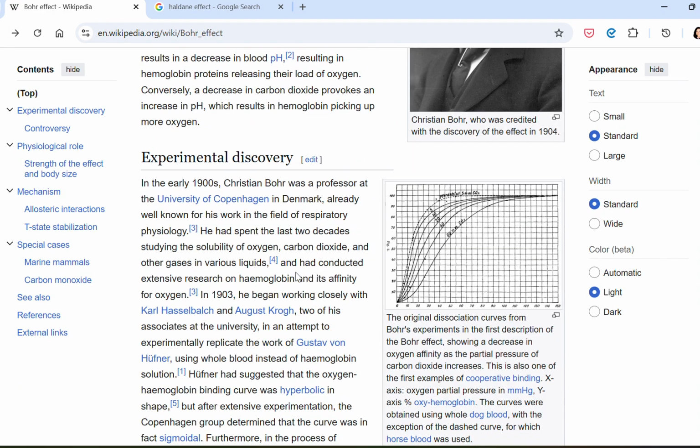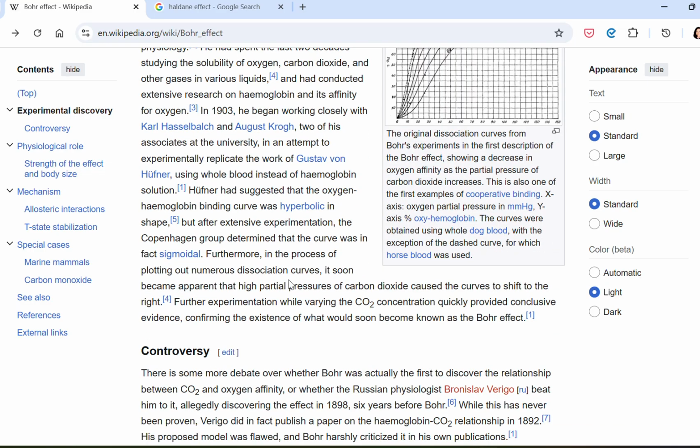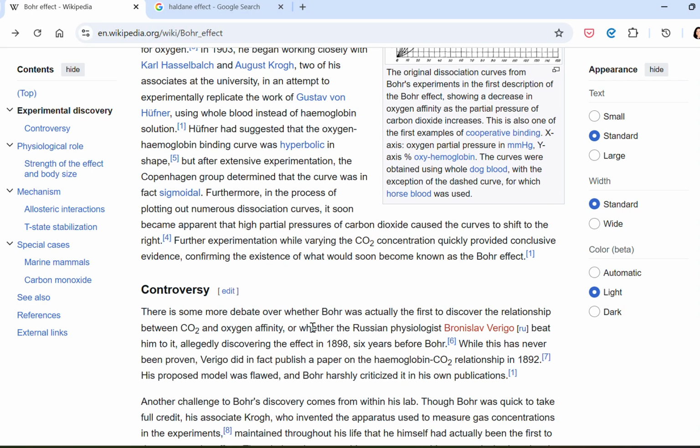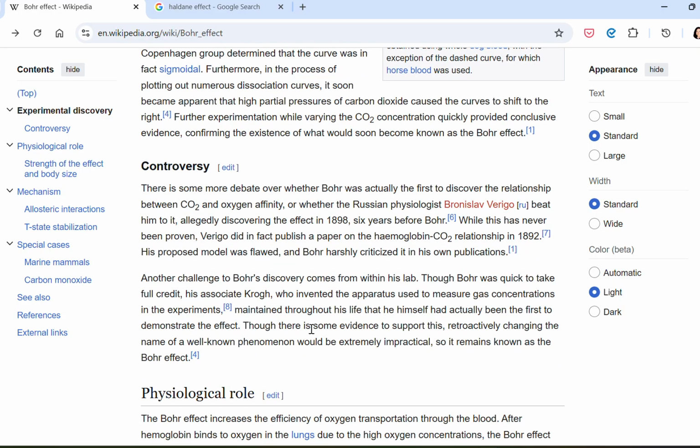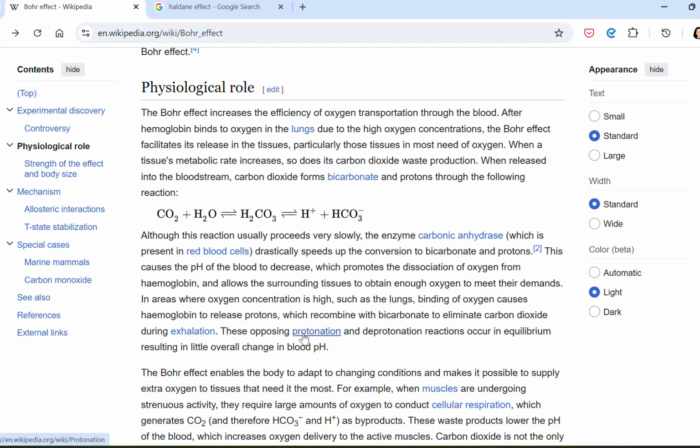This is called the Bohr effect because it explains the affinity to oxygen and the binding of carbon dioxide instead of oxygen when the oxygen levels drop, and then carbon dioxide gets to bind to hemoglobin.